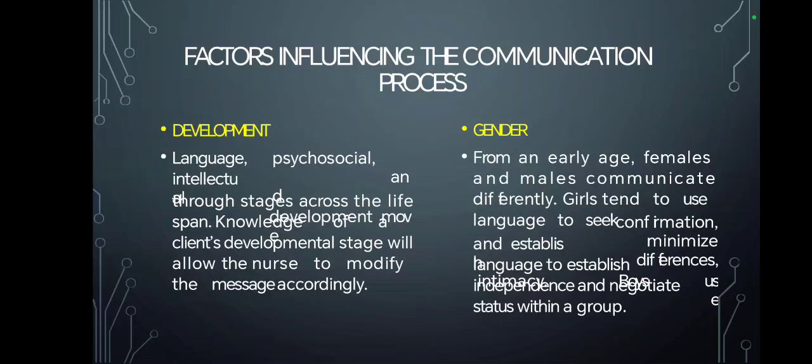From an early age, females and males communicate differently. From the time we were born, we have innate characteristics. That's why we differ from males. Now, girls tend to use language to seek confirmation and establish intimacy, while boys use language to establish independence and negotiate status within a group.